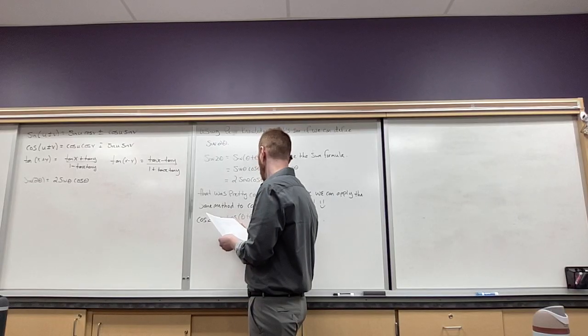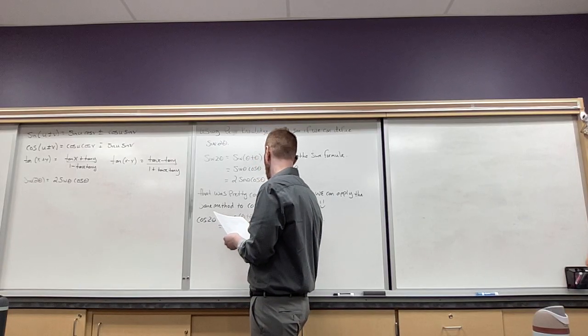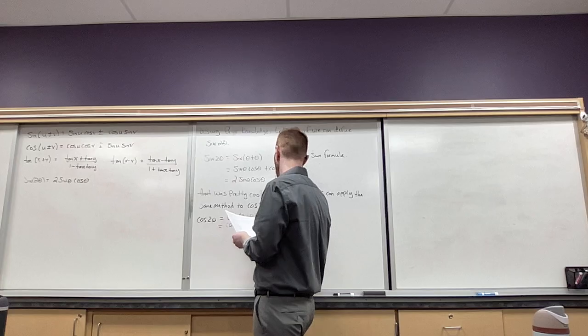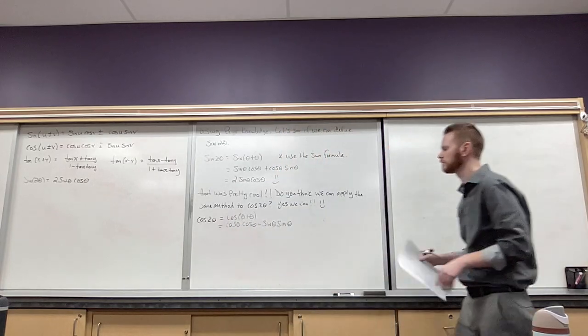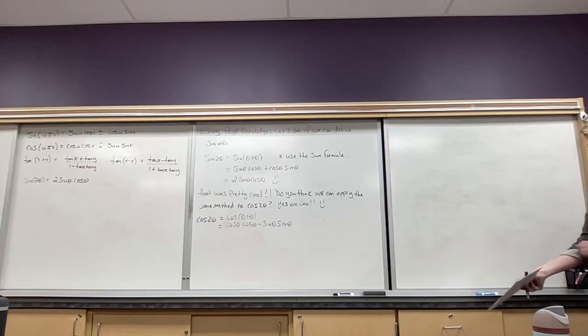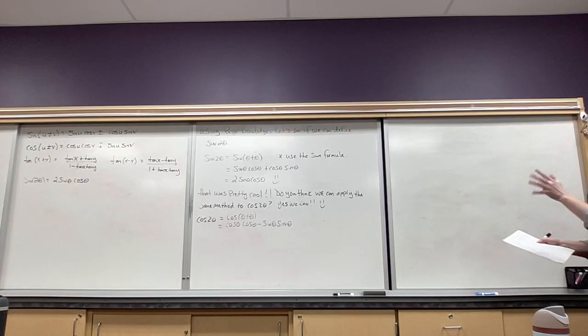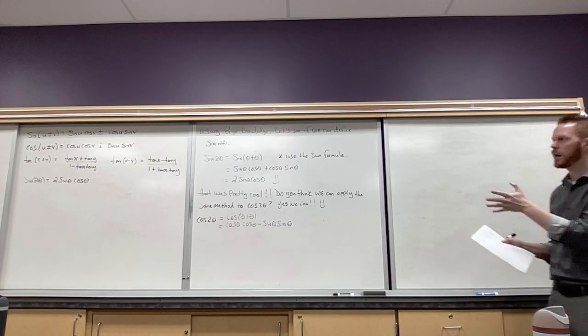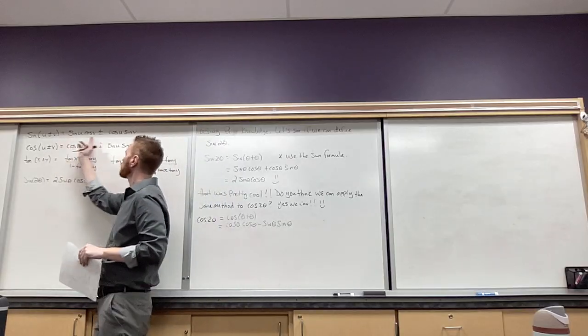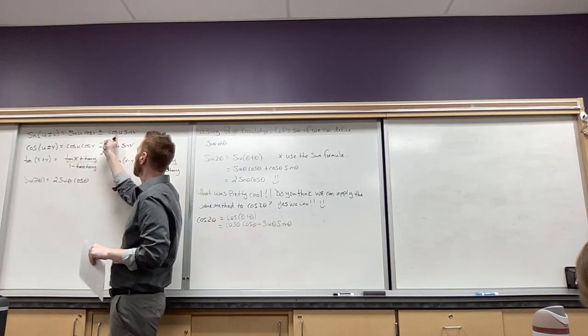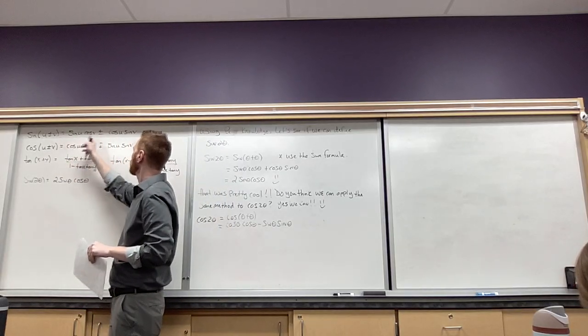So this is going to be cosine of theta, cosine of theta, minus sine of theta, sine of theta. One thing you'll see in some practice that I'm going to give you, because memorizing can be a little tough, is coming up with patterns. For the sine sum formula, the functions alternate: sine, cosine, sine, cosine.